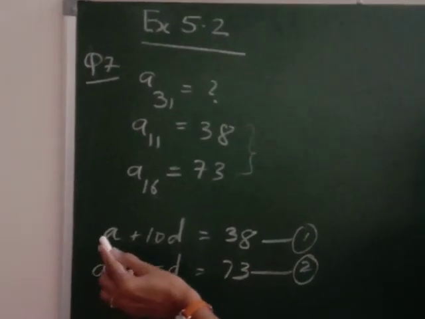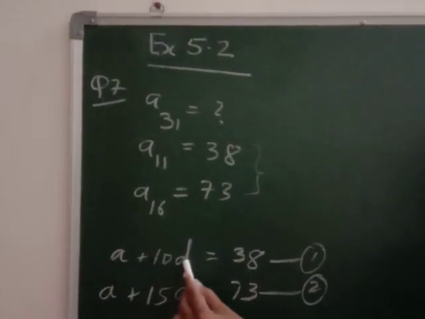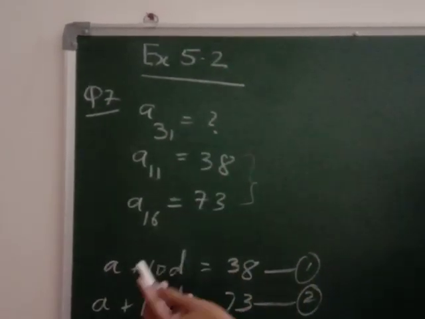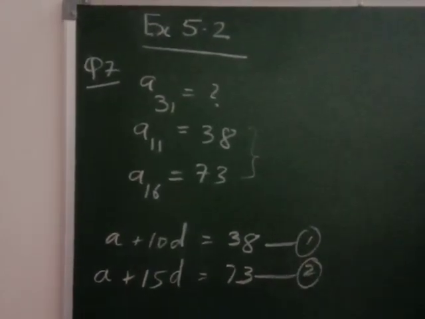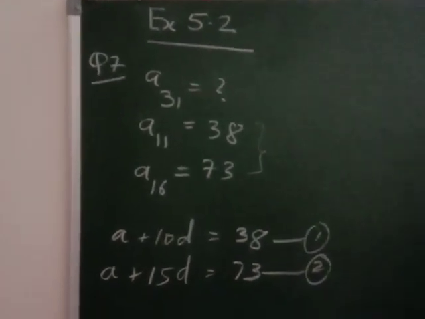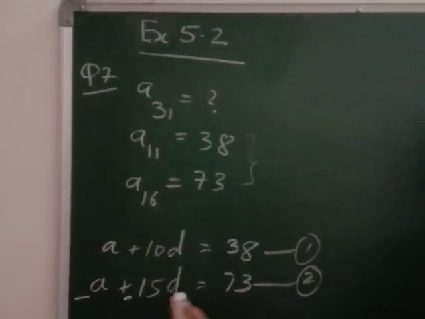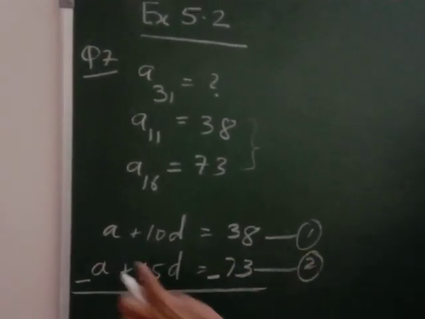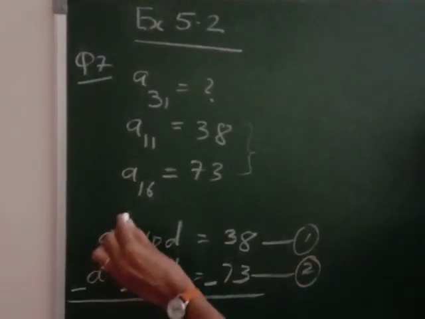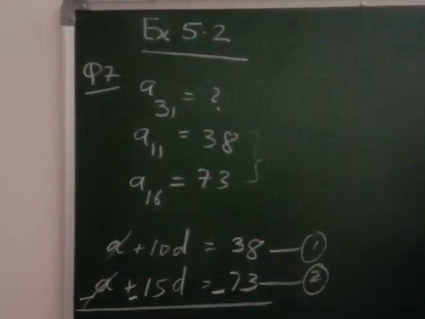When we have to find two variables, that is A and D, and neither A nor D is given, in that case we always have to form two equations. Now subtraction: equation 1 minus equation 2. I will change the sign of all. So plus A minus A gets cancelled.